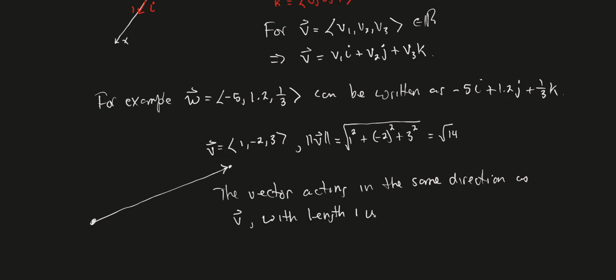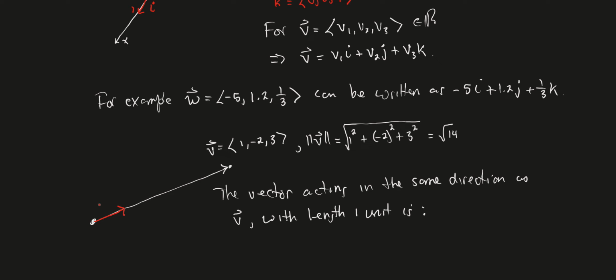So with length 1 unit, it's like we essentially want to break this up into units of 1. Since we know the entire length of this vector is root 14, if I were to take this vector and divide it by its magnitude, then essentially I would be forming a new vector that would be, let's say, here. But then this vector would have magnitude 1.